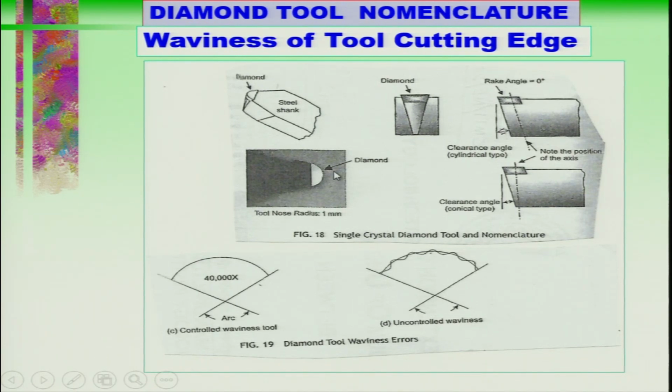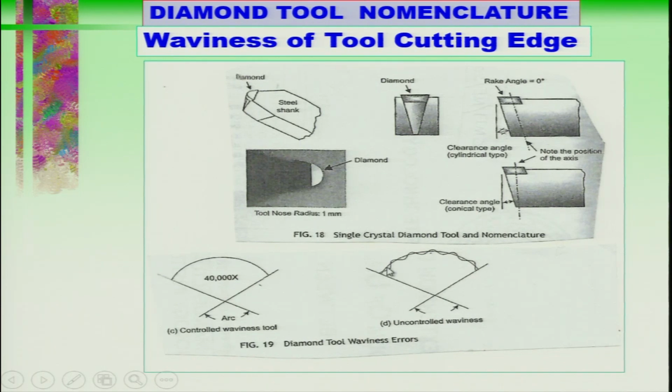Now, this is again the diamond shown over the top view of the tool, and you can see this is the controlled waviness on the tool. So, what is the waviness? This waviness should be controlled properly, otherwise a lot of vibrations will be there and you will damage the surface of the workpiece being finished.